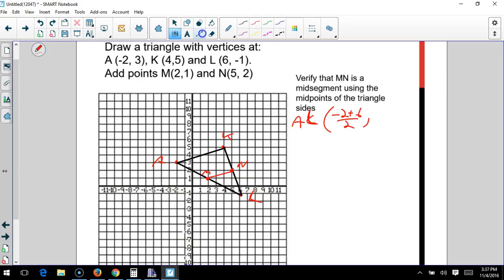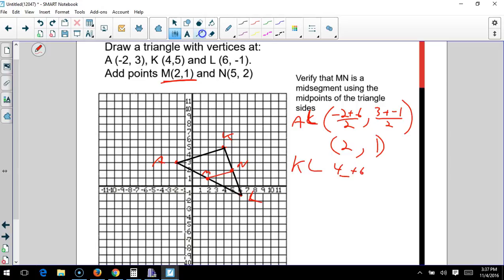My y's are 3 plus -1 divided by 2. 6 minus 2 is 4, divided by 2 is 2. 3 minus 2 is 2, divided by 2 is 1. 2 comma 1. Verified.